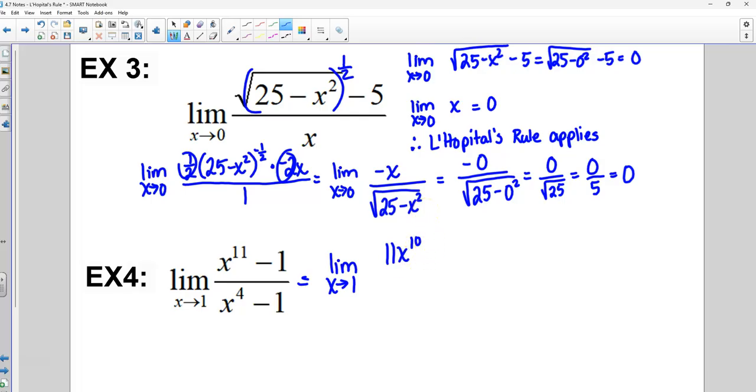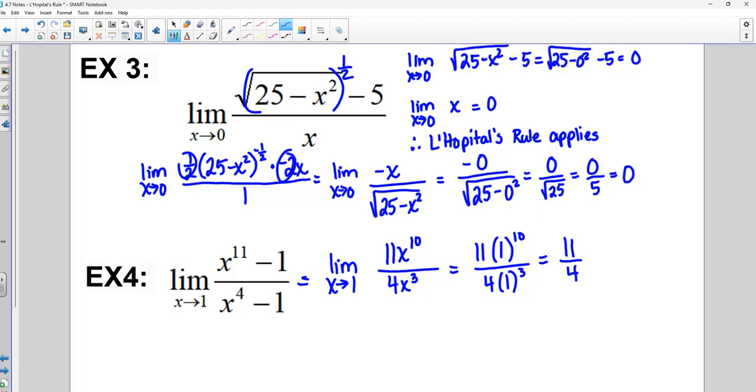Derivative of the minus 1 is just 0, so that goes away. On the bottom, I'm going to get 4x to the 3rd. And then if I plug in 1, I get 11 times 1 to the 10th over 4 times 1 to the 3rd, which is just going to be 11 over 4.